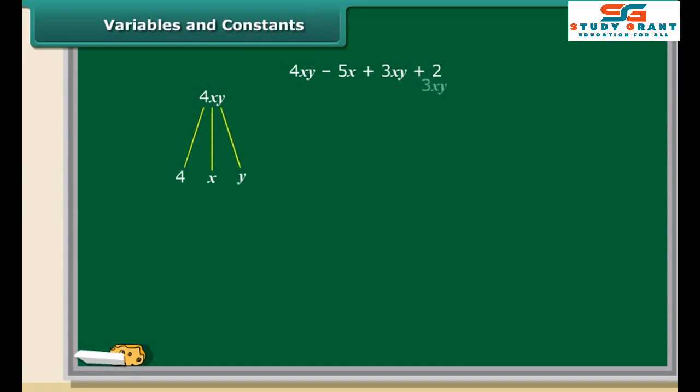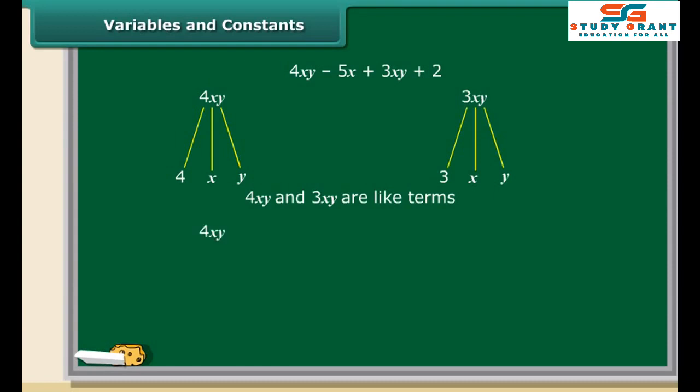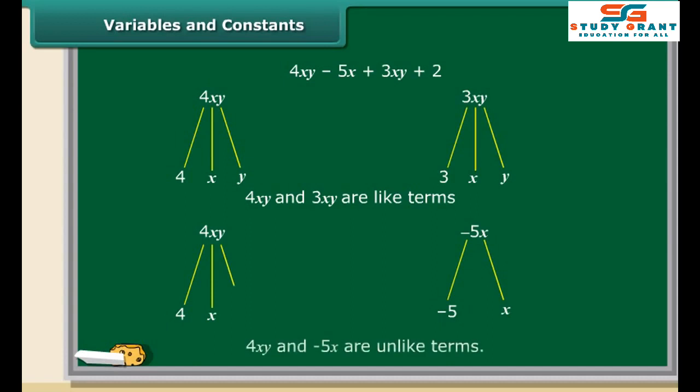Likewise, the factors of 3xy are 3, x and y. So both the terms have the same algebraic factors, which means 4xy and 3xy are like terms. On the other hand, the terms 4xy and minus 5x have different algebraic factors. So, they are unlike terms.